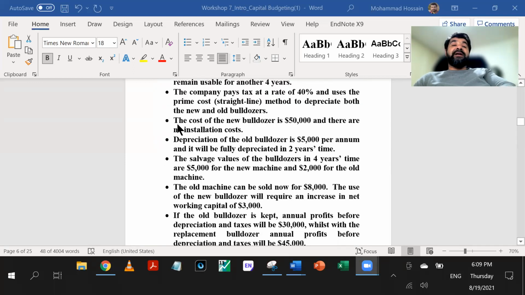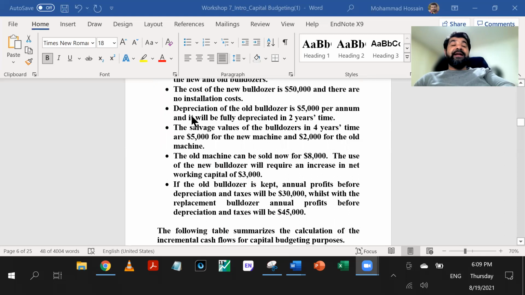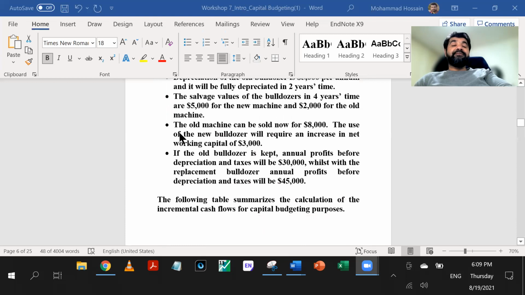The cost of the new bulldozer is 50,000 and there are no installation costs. Depreciation of the old bulldozer is 5,000 per annum and it will be fully depreciated in 2 years' time. The salvage value in 4 years' time is 5,000 for the new machine and 2,000 for the old one. The old machine can be sold now for $8,000.